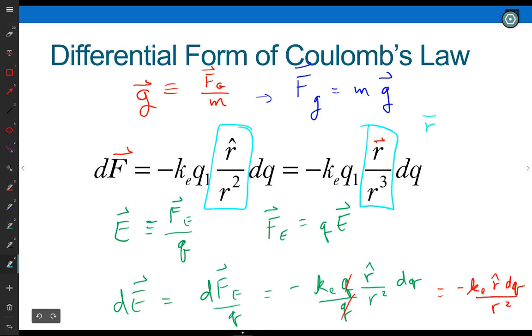Since r hat by definition is equal to the r vector divided by r. That's all that's been done to change those two equations, substituting that r hat is equal to r vector over r. Sometimes it's easier one way, sometimes it's easier the other, so I just wrote both ways. Depends on what your problem is, how you're going to want to solve it.